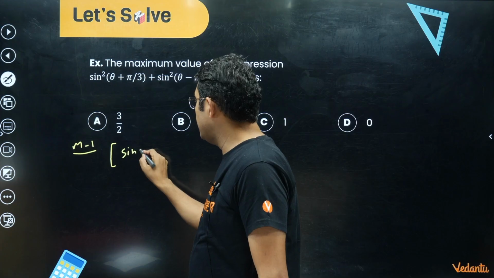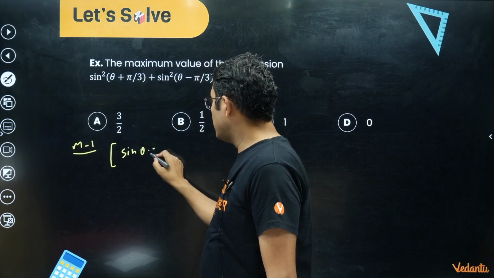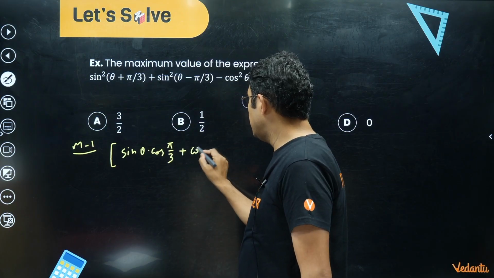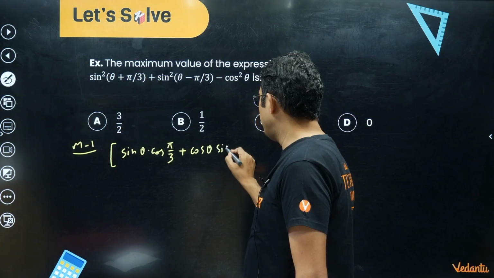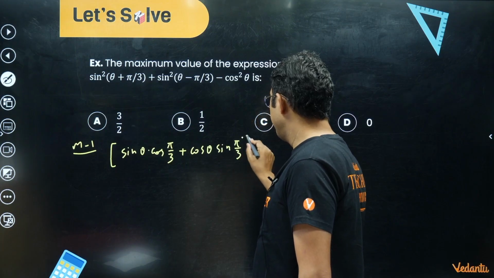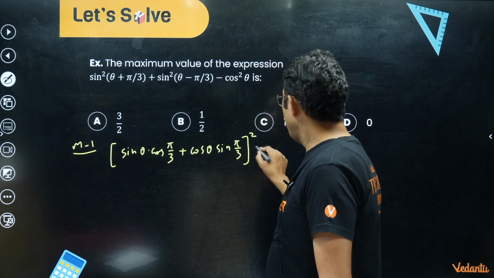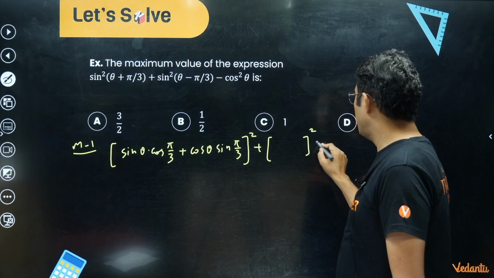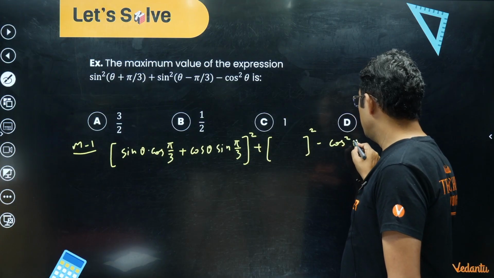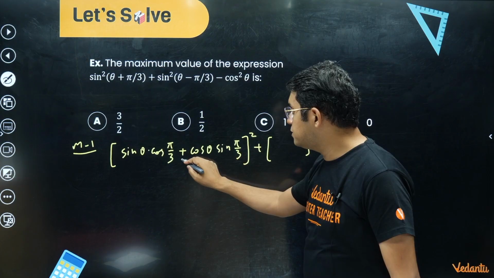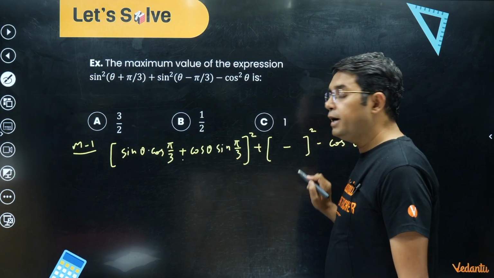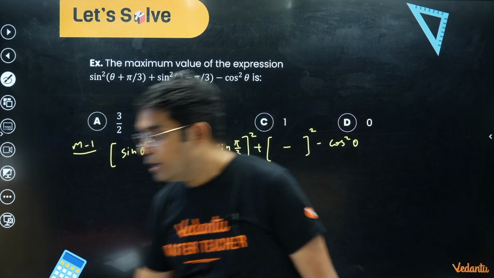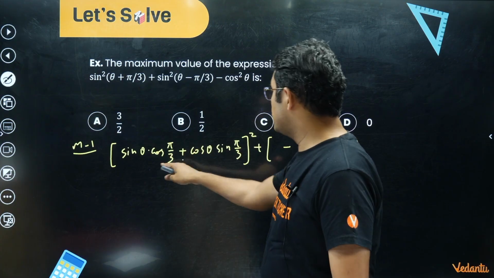It will be sine theta cos pi by 4, cos pi by 3 plus cos theta into sine pi by 3, and then whole square. And then for the same, sine theta minus pi by 4, this whole square, minus cos square theta. In these two, the only difference is of this plus and minus you will be getting. So if you open it, the 2ab terms will get cancelled and we will be getting just a square plus b square terms.